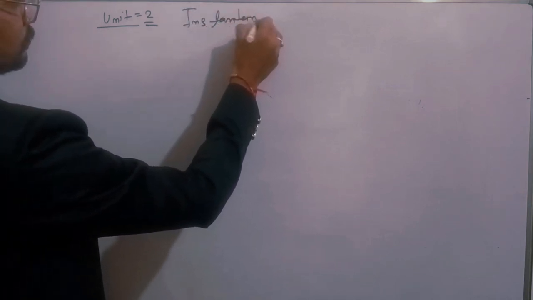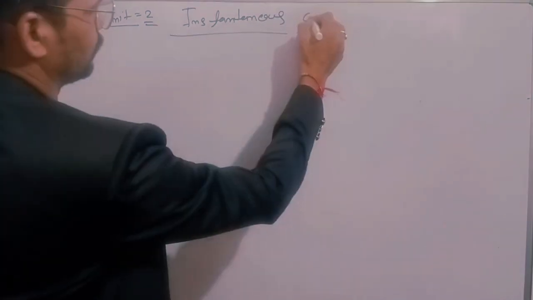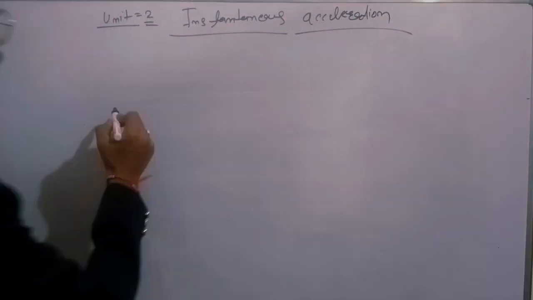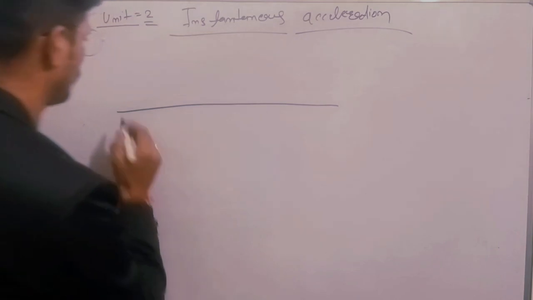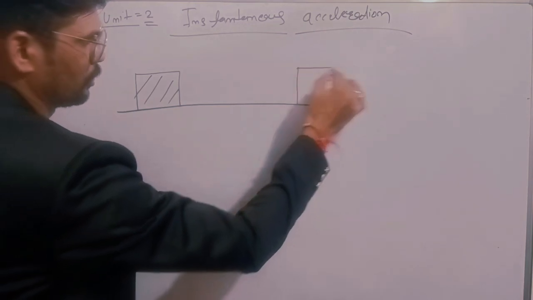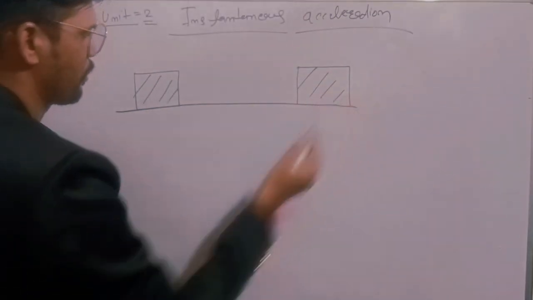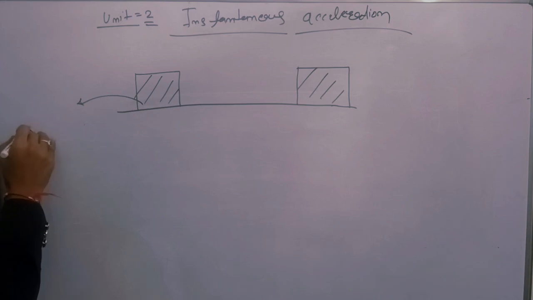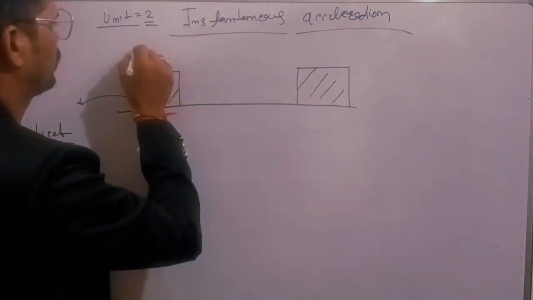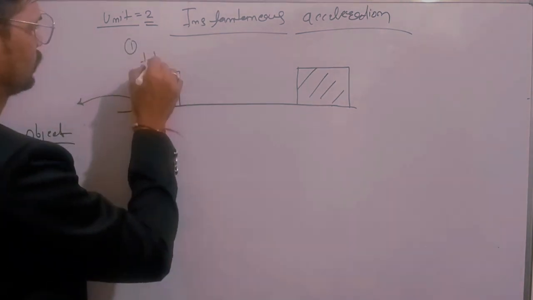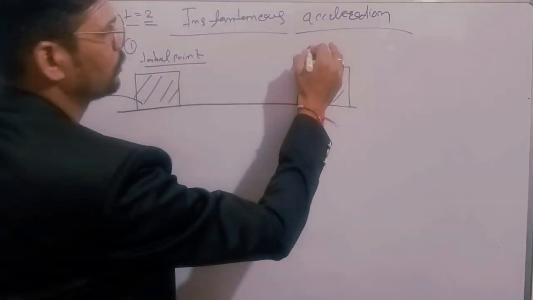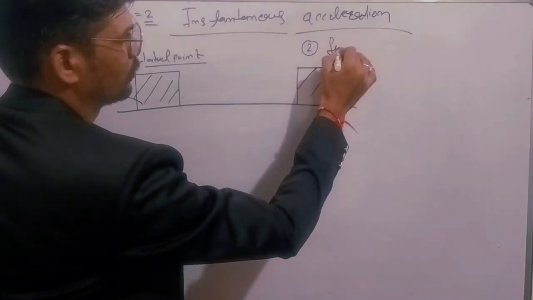Then instantaneous acceleration. This is a surface, this is a block, and this is the final position of the block. This is an object. There is the initial point and that is the final point.